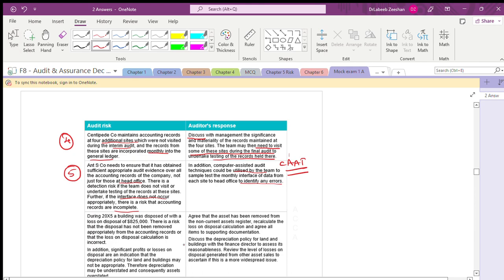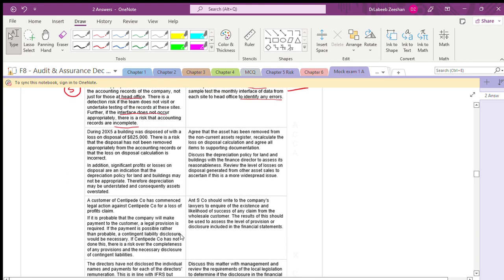Because here they are talking in terms of the software. Next, point number 6. A building was disposed of with a loss on disposal that is very material.